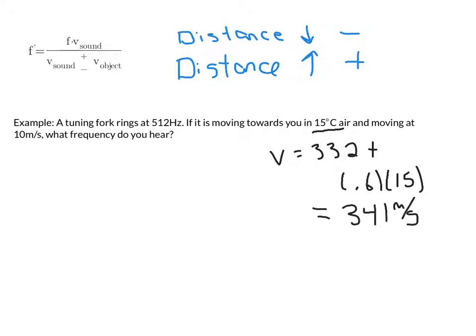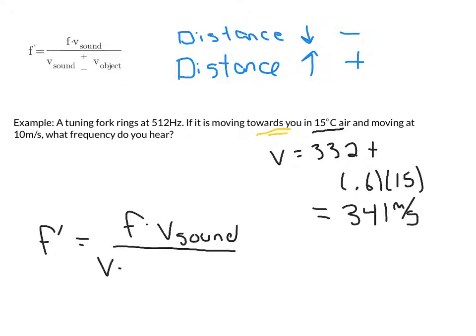Since it's moving towards you, that means the distance between you and the tuning fork is getting smaller. That means we're going to use the version of the equation that has the negative sign. It will look like that.